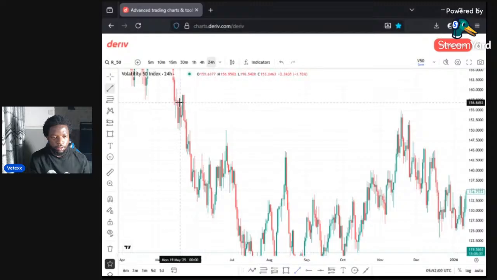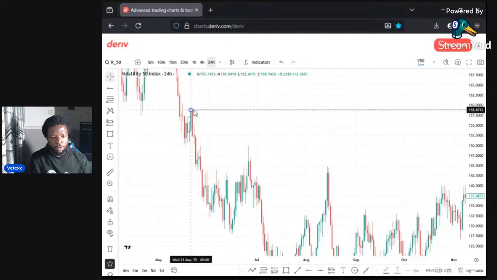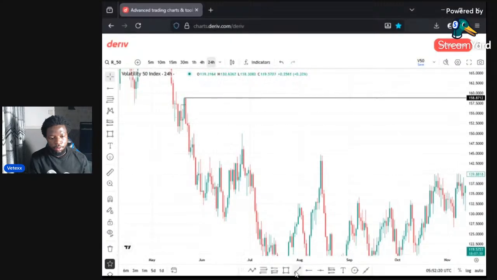So this is it. You have this. Then this is our protected high, which is there. And then this is our first break of structure. This is our structural liquidity, which is here.